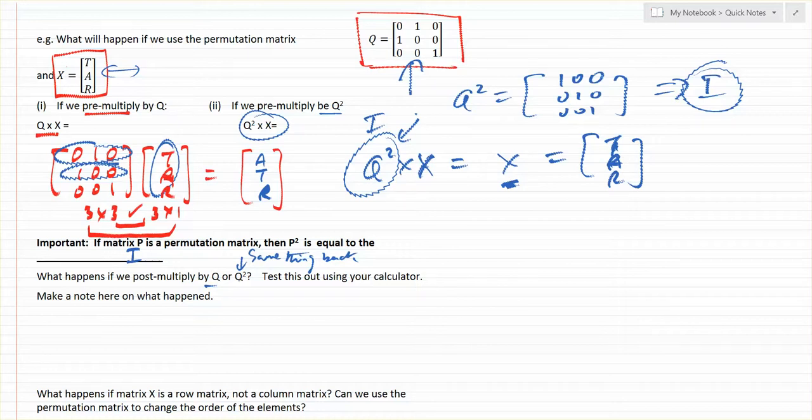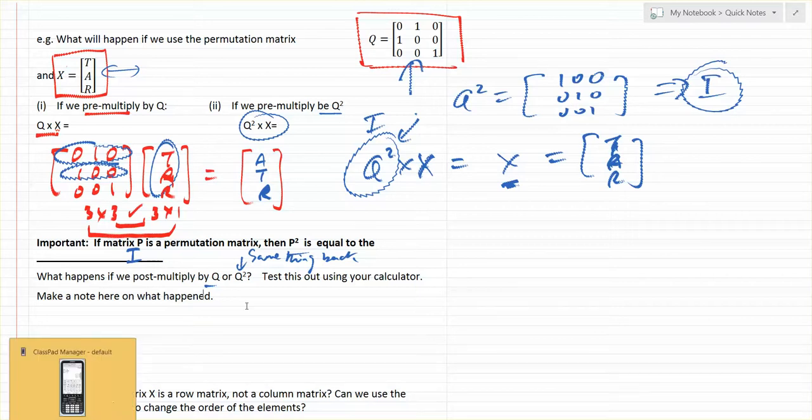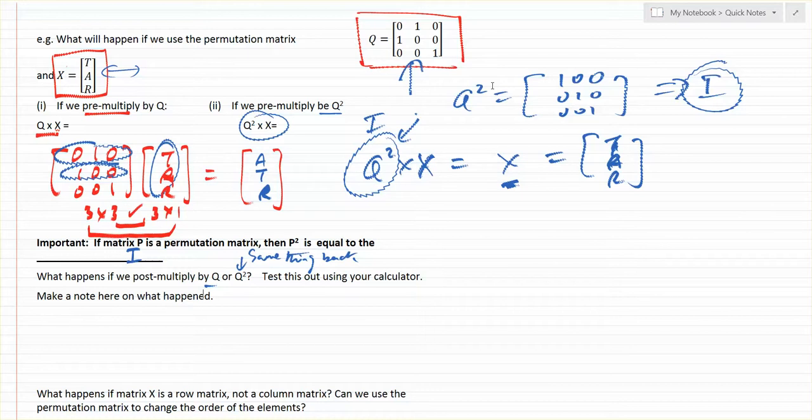If you post-multiply by Q, let's see what happens. Let's see if we can actually multiply it, because we've got a 3 by 1 matrix. TAR is a 3 by 1 matrix, and Q is a 3 by 3. That can't cross multiply.